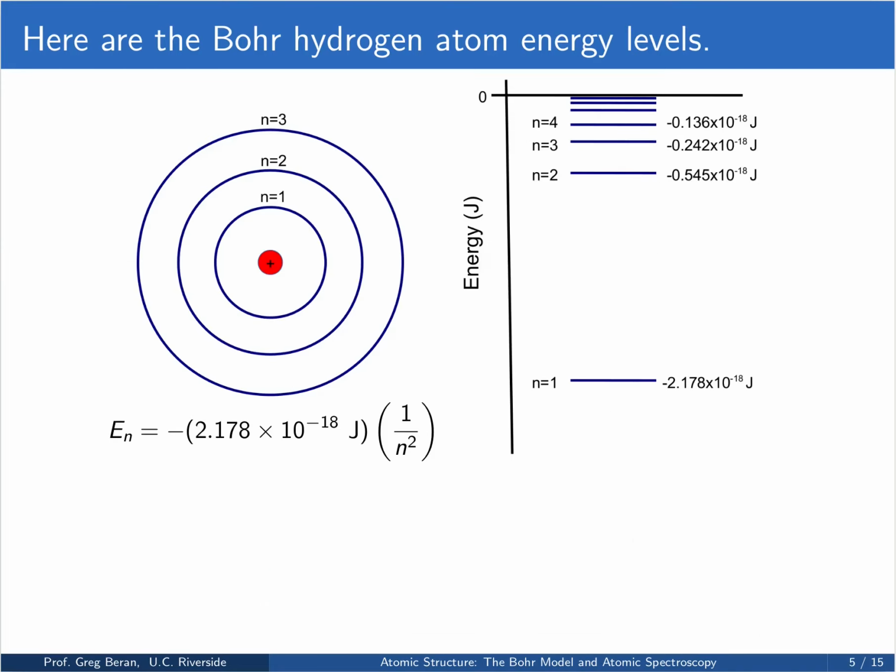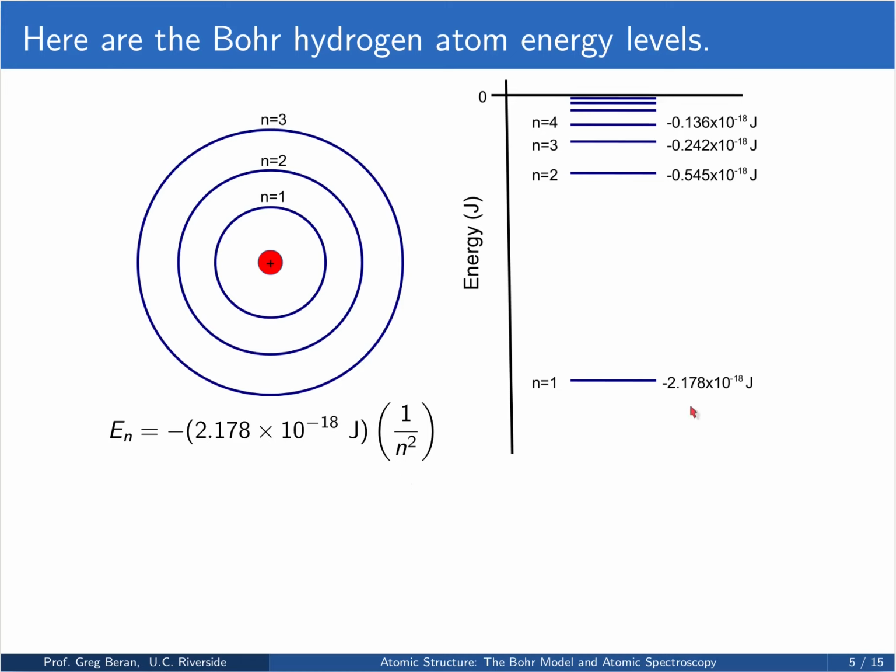So let's take a closer look at these Bohr model energy levels. Here again is my Bohr atom with the different orbits of different radii. Again, n equals 1 is the innermost orbit, and as n increases, the radius of the orbit increases. As we saw from the energy expression on the previous slide, the energy is negative, but it becomes less and less negative as n gets larger, and it goes like 1 over n squared.